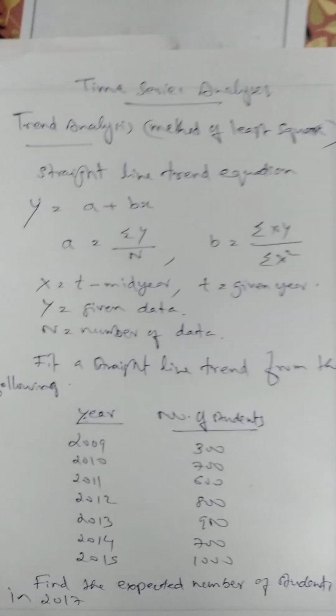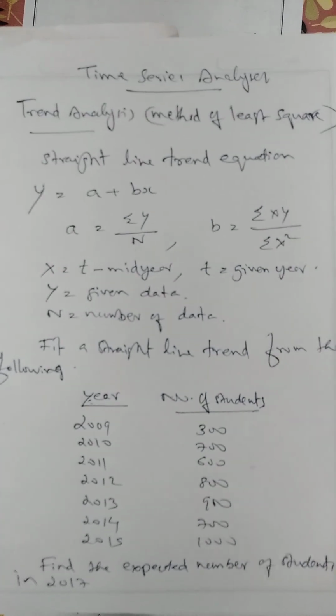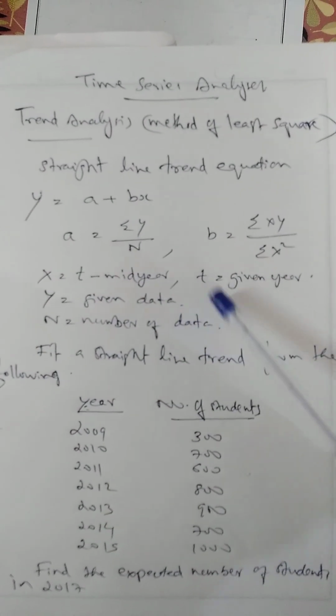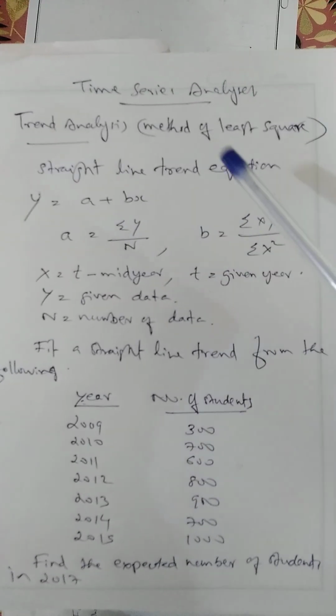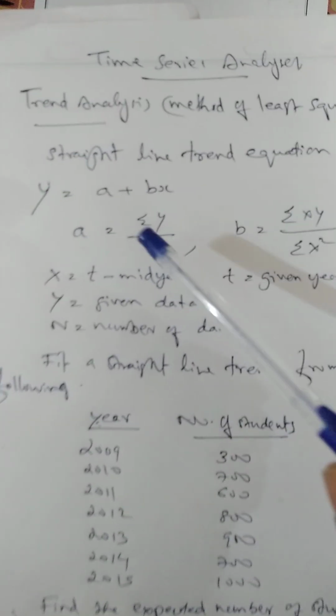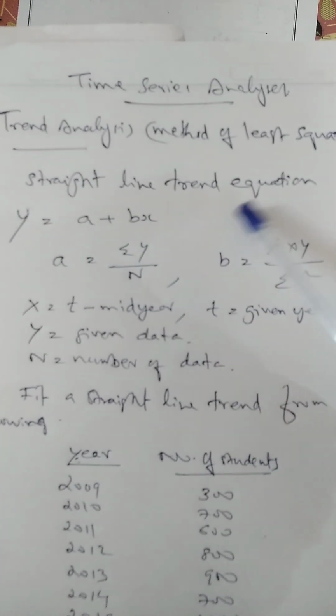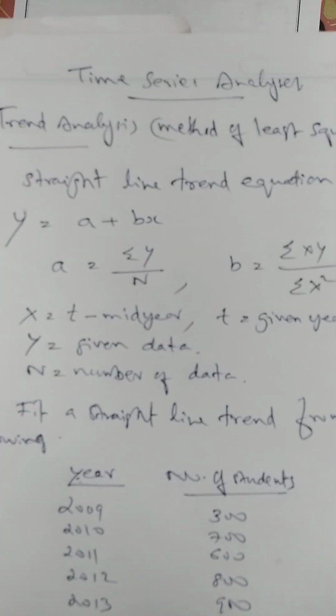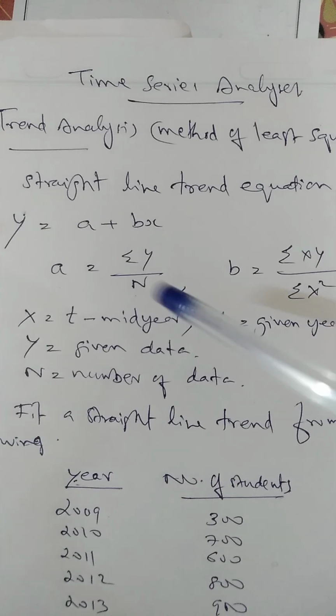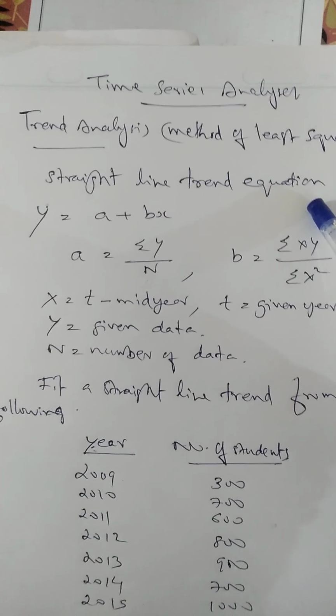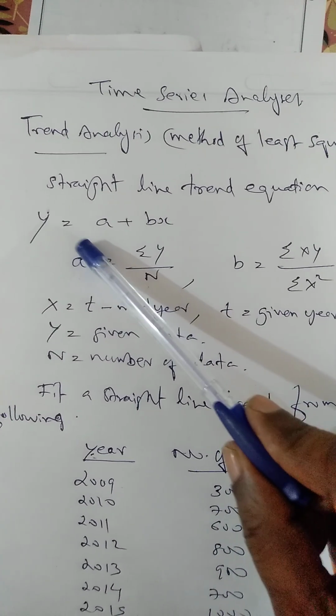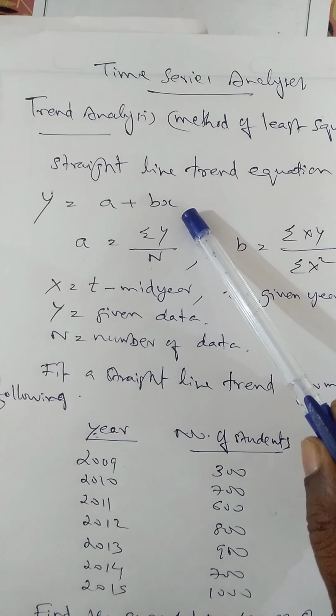Here, the formula to find a trend line under the method of least squares is the straight line trend equation. The straight line trend equation is y = a + bx.